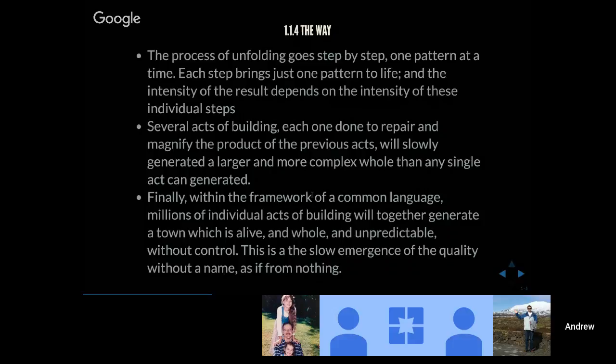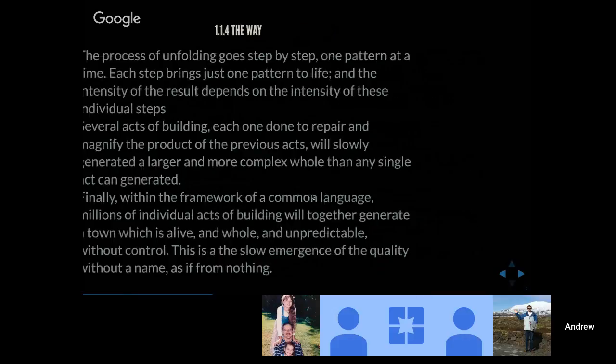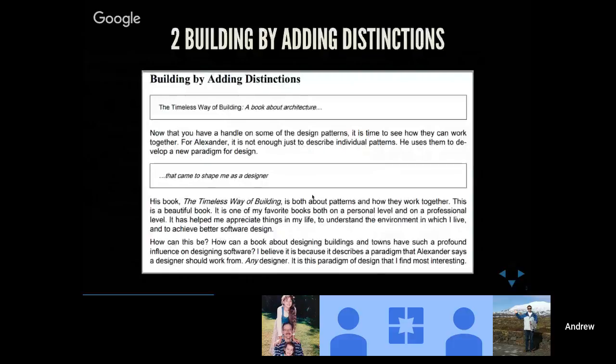So that's the overview. Next is our original author defining the timeless way. The timeless way of building is both about patterns and how they work together. It allows us to understand the environment in which we live, and it's something that our author is going to try to describe.